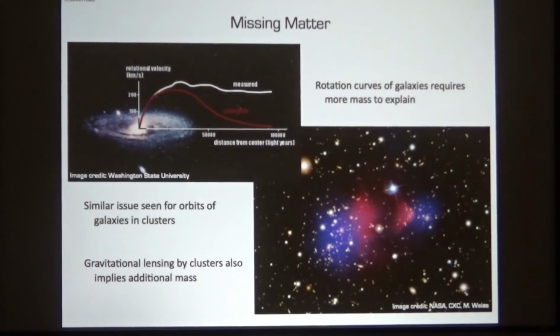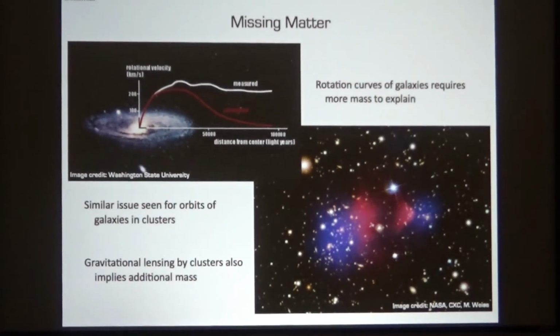Additionally, this has been backed up by looking at the distribution of mass in galaxy clusters. As I mentioned, the orbits of these galaxies around the clusters have the same sort of feature as the rotation curves of the galaxies themselves. But if you were to determine the mass distribution of a cluster by how light is lensed around that cluster, so what we call gravitational lensing that Michelle was mentioning earlier, the lensing effect is a direct product of the mass.